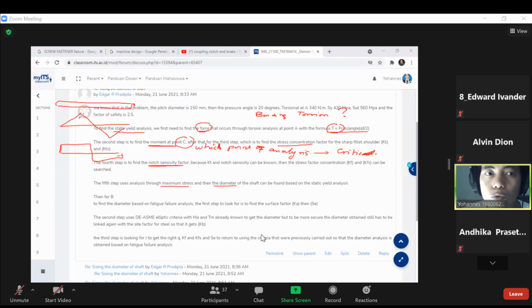Then you have to plot this in two directions, so you have the vertical plane and the horizontal plane. For example, here is the plane X, Y, Z. Then this is your shaft. Then you have the external force working, for example, like this.